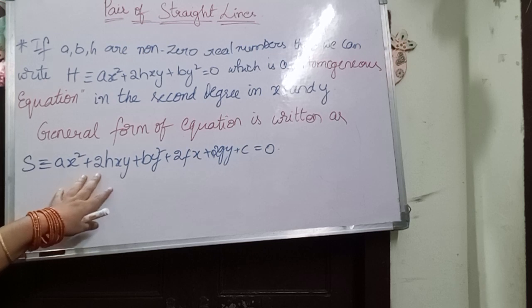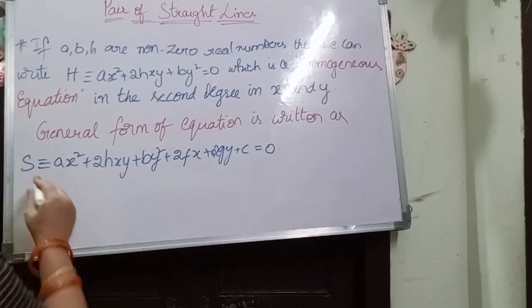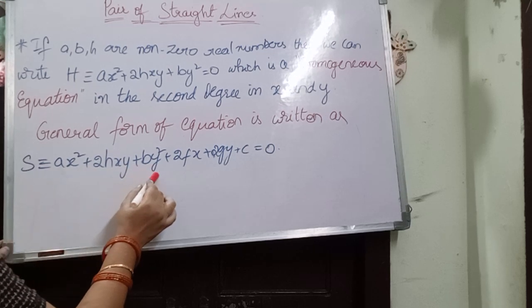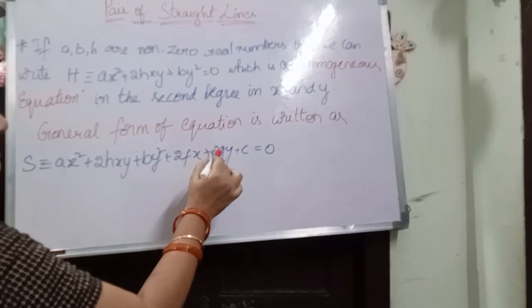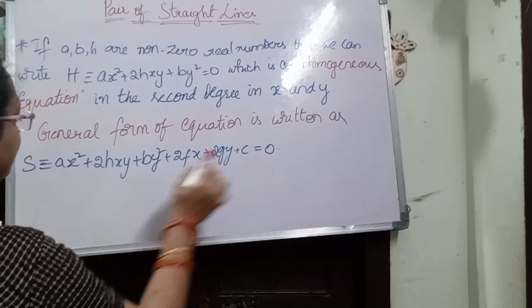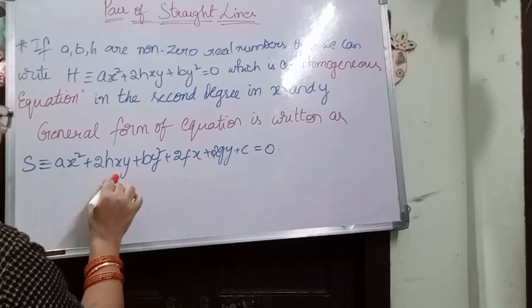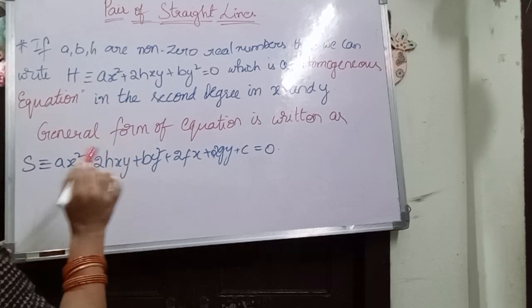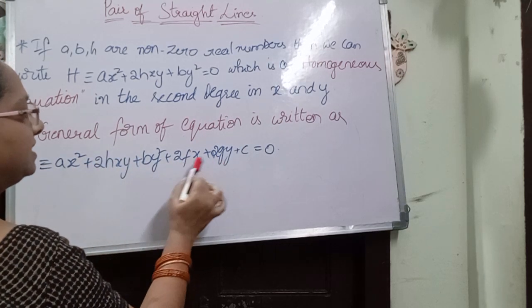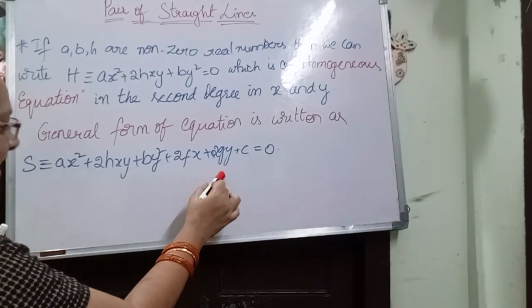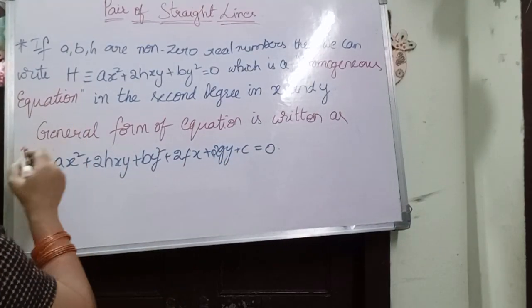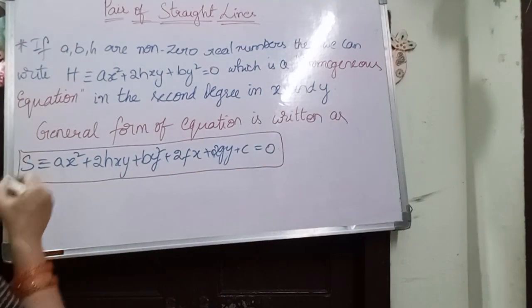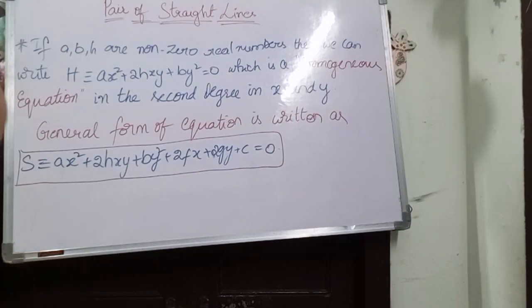S equals ax square plus 2hxy plus by square plus 2fx plus 2gy plus c equals 0. Here you have terms for both variables, and separate terms for each variable. This is how we identify the general form of the equation of a pair of straight lines.